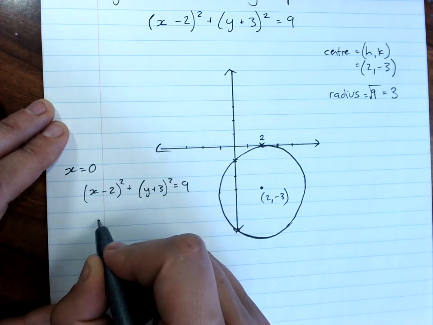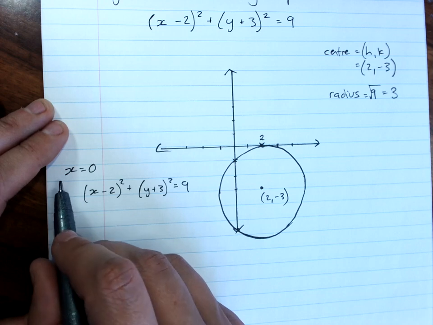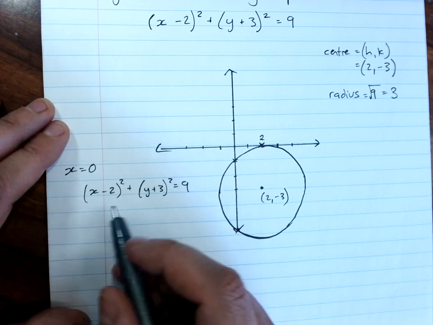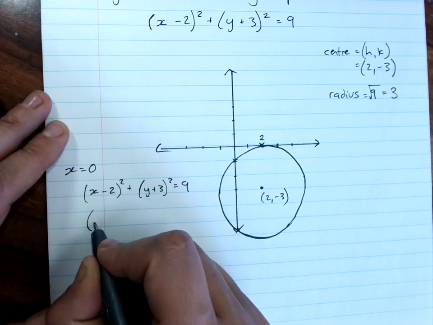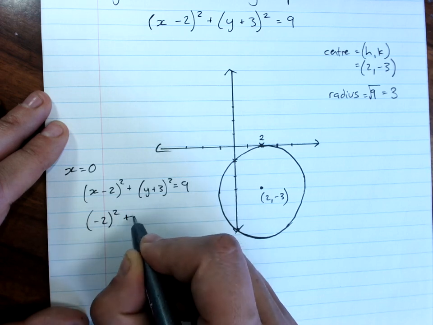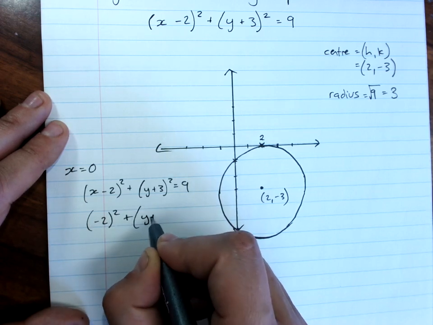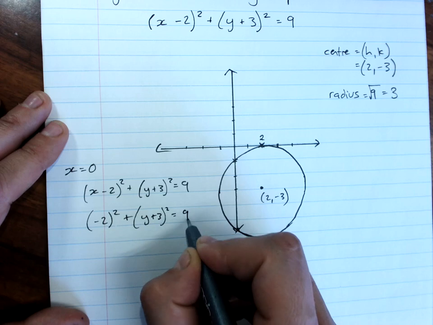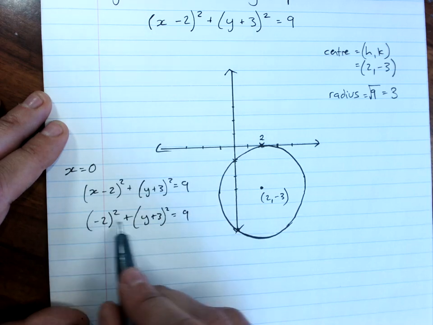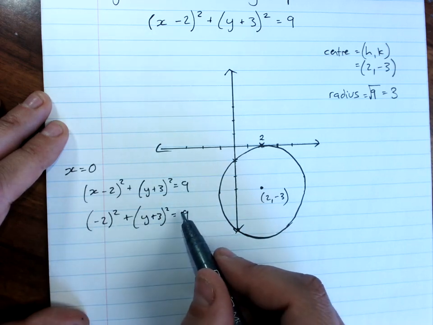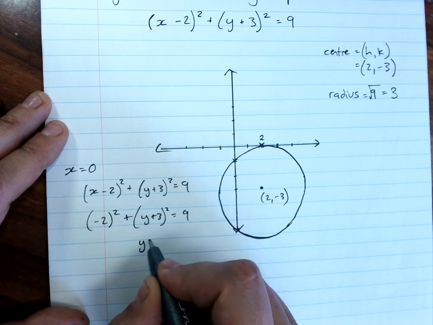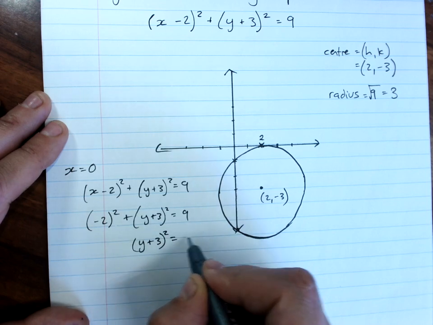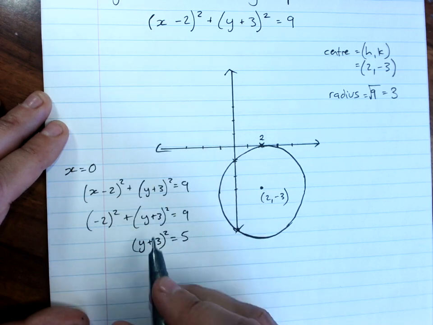So that is substituting in 0 minus 2, so that's negative 2 squared, plus y plus 3 squared equals 9. So I've got 4. Taking that away from both sides there means I've got y plus 3 squared equals 5.